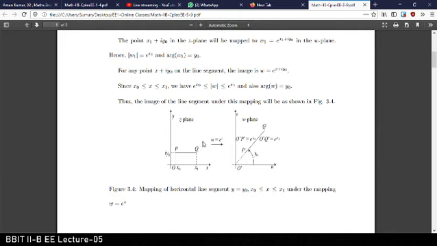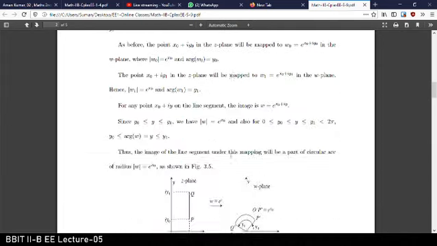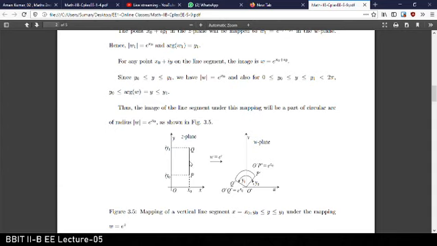But a vertical line will be transformed to an arc of a circle whose radius is e to the power x0, where x0 is the x coordinate or real part of every point on that line segment, and it will form an arc of the circle with center at the origin.